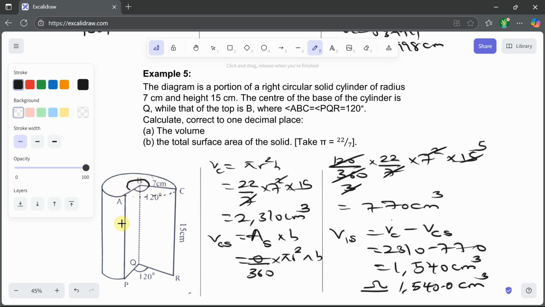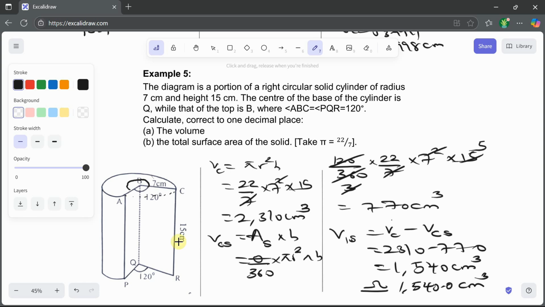When dealing with the cylinder, the area of the curved section is 2 pi rl. Remember that video where I broke up the top, the bottom, and then the side? It became a rectangle, so that was 2 pi rl.